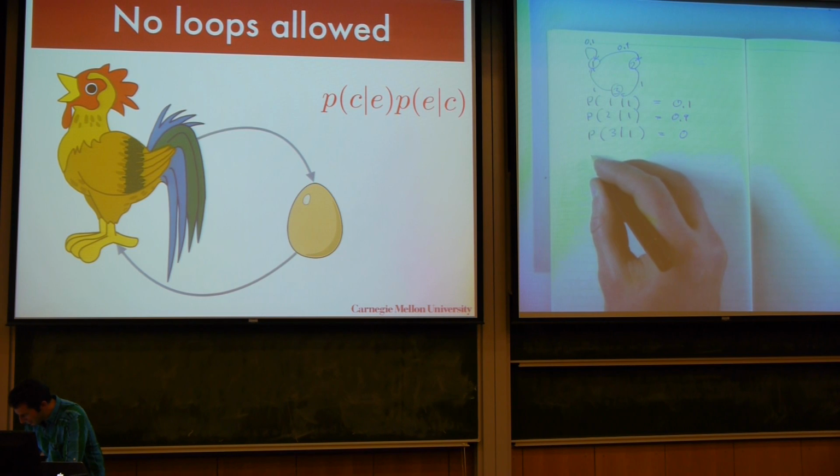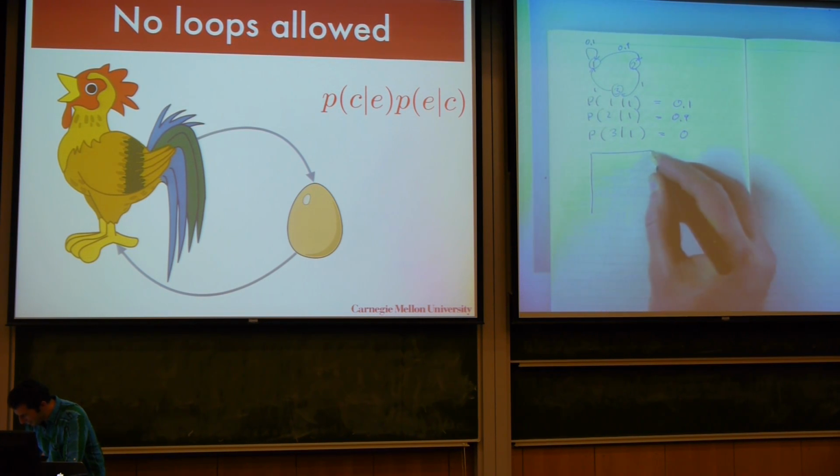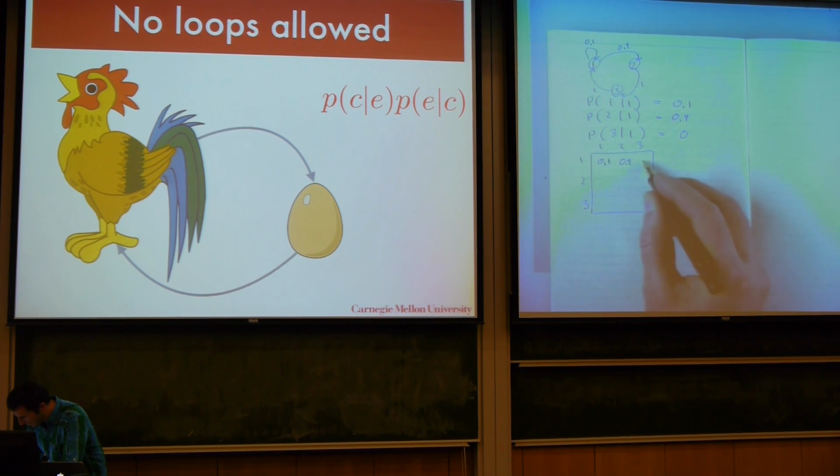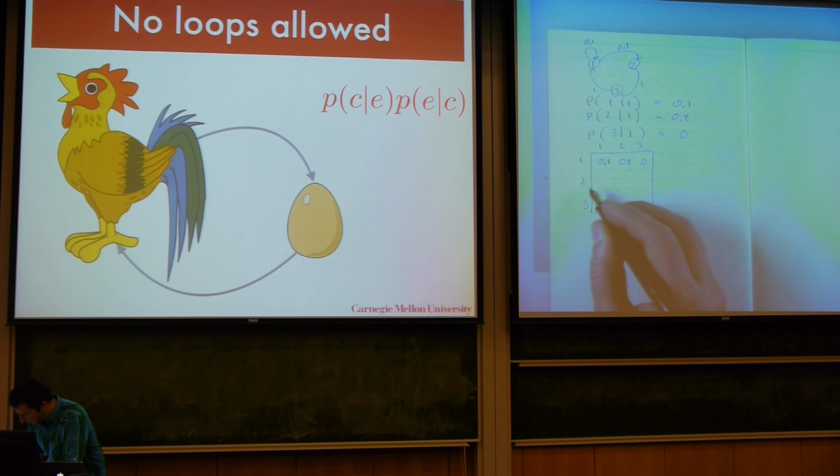So you could write that entire state transition matrix where we have states 1, 2, 3 by 1, 2, 3, with the probabilities 0.1, 0.9, and 0. Now from state 2 I can only go into state 3, so we have 0, 0, and 1. And from state 3 I will only go into state 1.